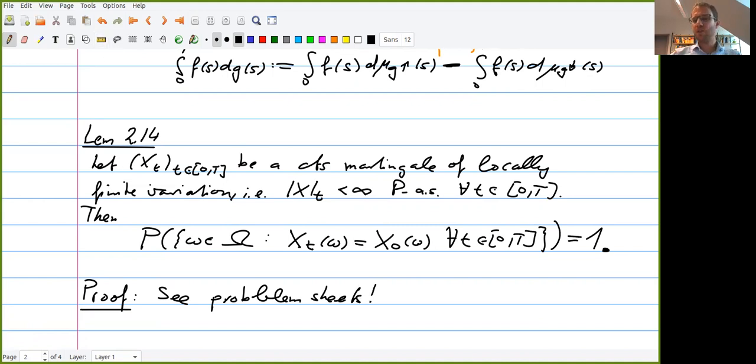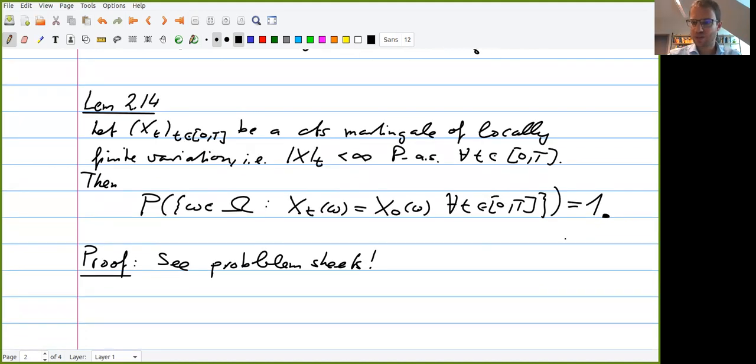So what does it mean for a Brownian motion? We know that Brownian motion is a martingale, and we definitely know that it is not constant.